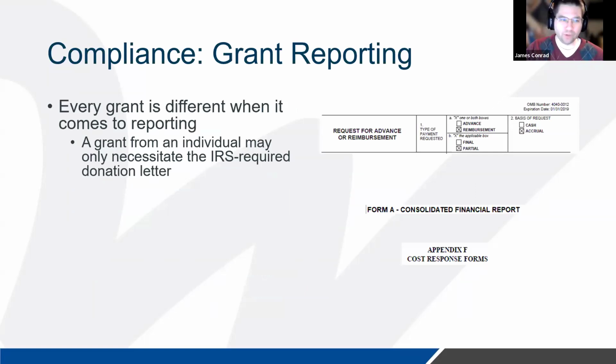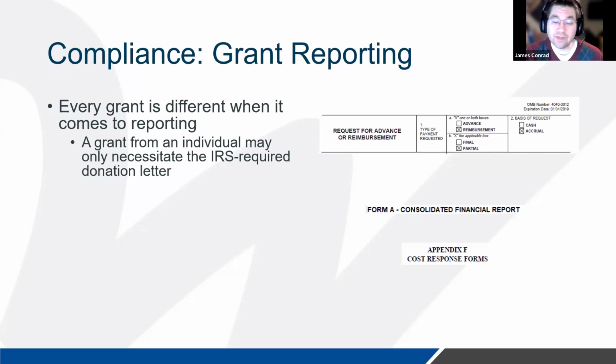So when it comes to reporting, just like accounting, it depends. Every grant is different when it comes to reporting. Federal grants, for example, will lay out the rules and the forms you need. If you've heard of the SF 270 or the SF 425 for federal grants, those are forms that are commonly used.